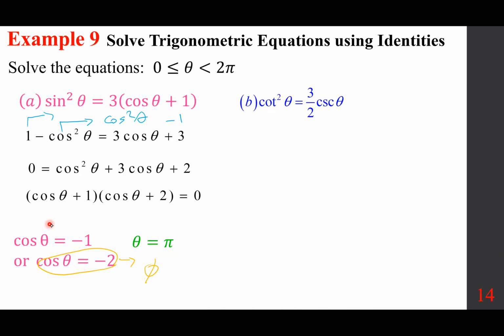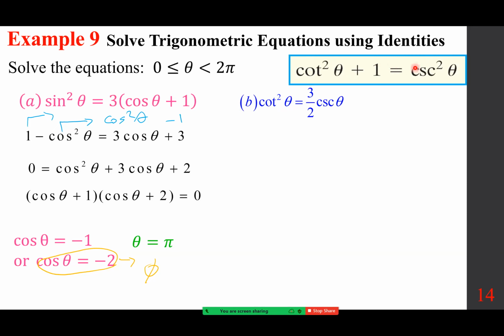To solve this, we notice that we are dealing with cotangent and cosecant. So we remember the relationship between the two is that 1 plus cotangent squared, or cotangent squared plus 1, is cosecant squared.